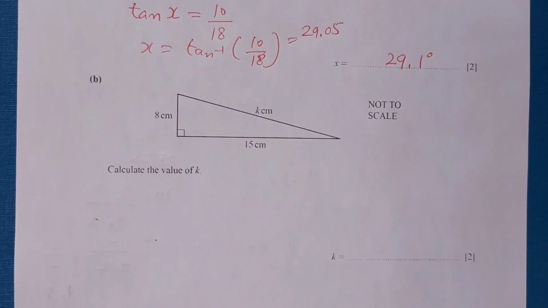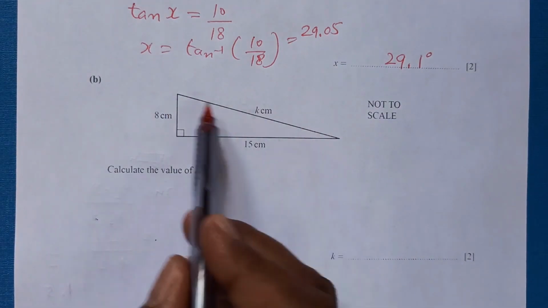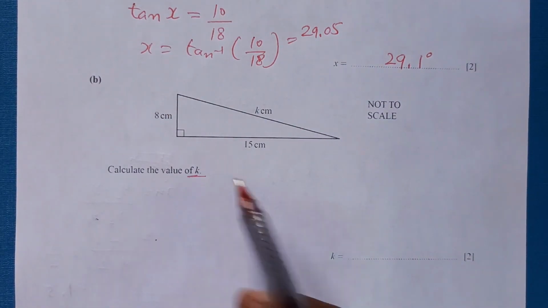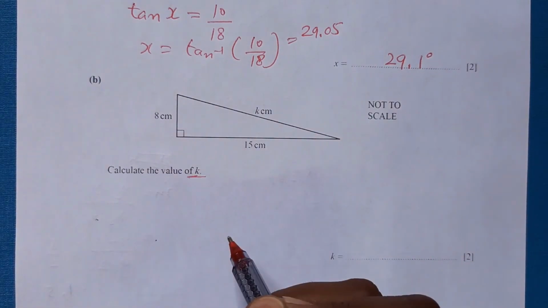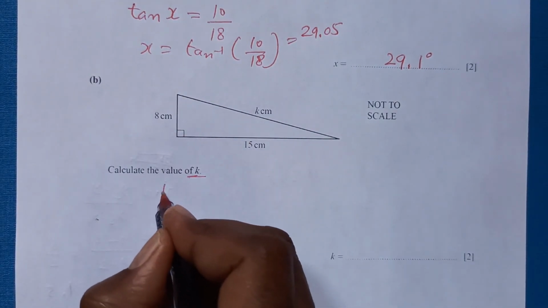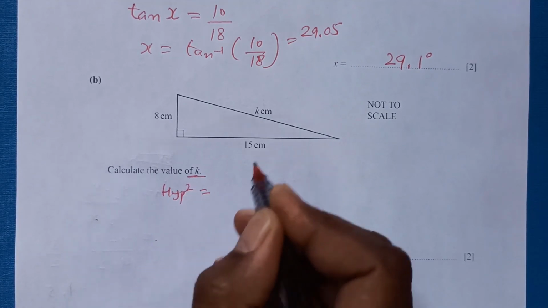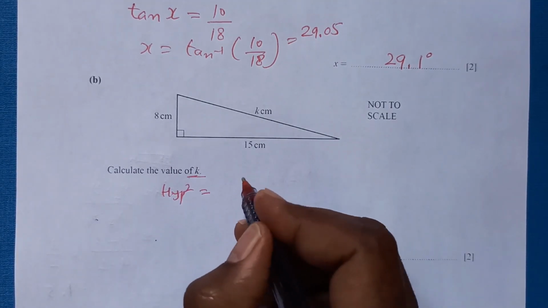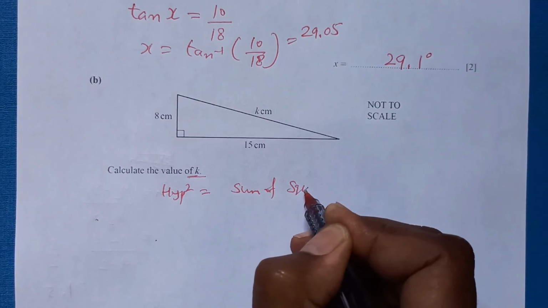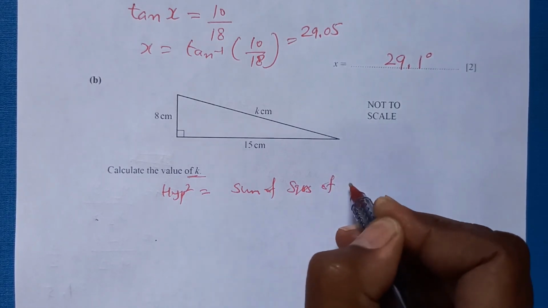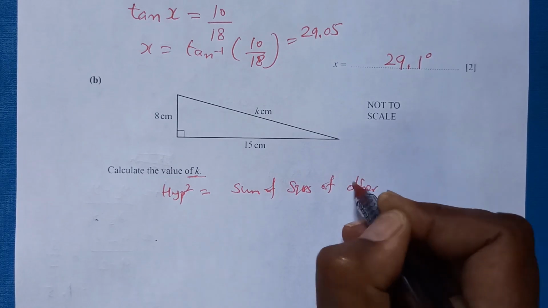Now part B. This is the triangle. Calculate the value of k. You can see this is a right angle triangle. We can easily use Pythagoras theorem. Pythagoras theorem is always hypotenuse squared equals the sum of squares of the other sides.